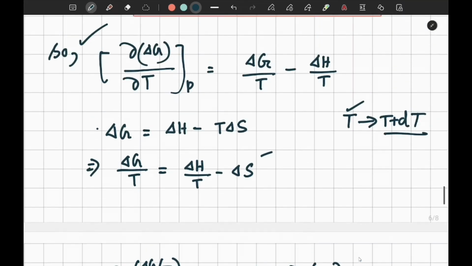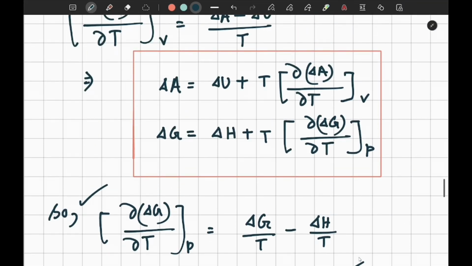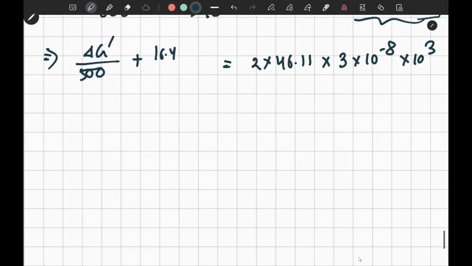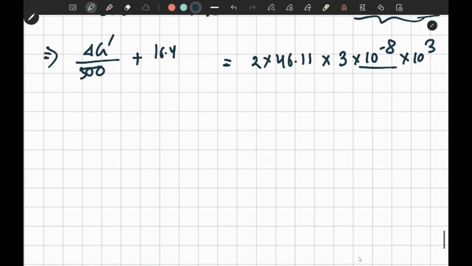But if we started with this formula, then what will be the problem? Let's see. Just try. Because this is not the correct answer, since you can see 10 to the power minus 8 is there. So forget it. Let me try it once. Otherwise, I will figure it out and discuss it in the next class.